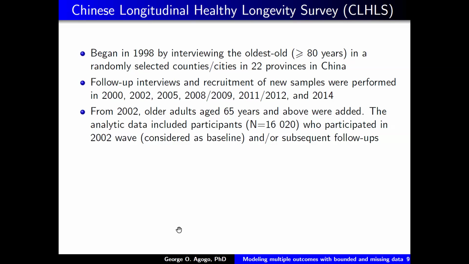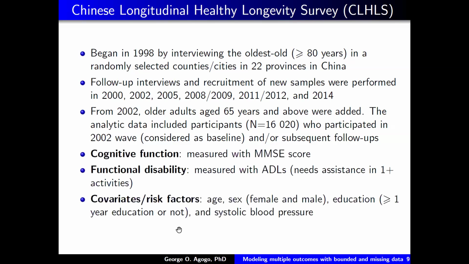And for this particular work, from 2002 there was addition of adults who were 65 years and above. So we used data for about 16,000 participants who participated in the 2002 wave. We consider 2002 as baseline, and then we use subsequent years as follow-up.